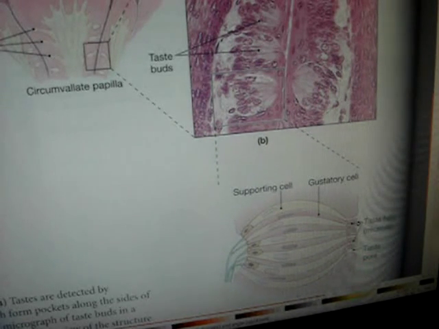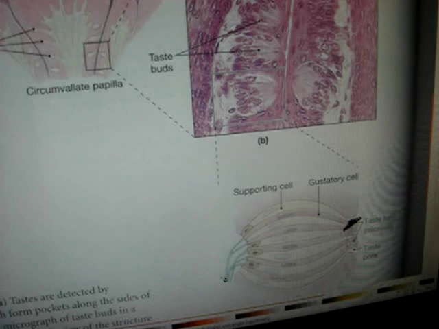Once there, they will stimulate the taste hairs or the microvilli projections of the gustatory cell, change the permeability of that membrane, go into the gustatory cell, and then we get the electrical impulse sent to the brain, the CNS processes it, and voila, we have taste.